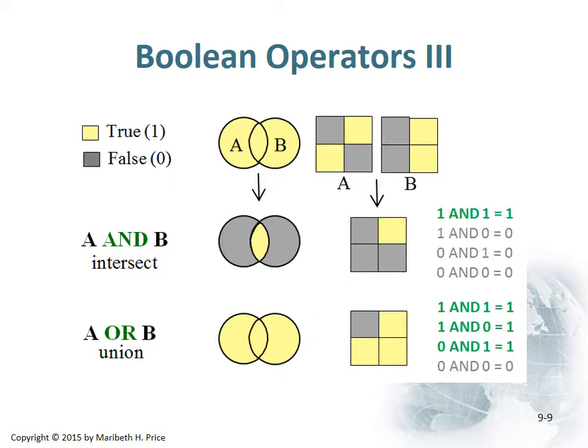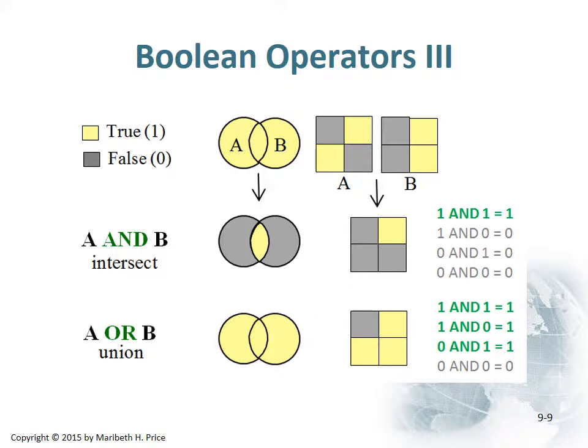So some more examples showing these Boolean operators using the principles of true and false in our really simple input grids, A and B being either true and false values in each cell. A AND B, we must have both of those conditions true in order to receive a true value, or 1, in the output raster.